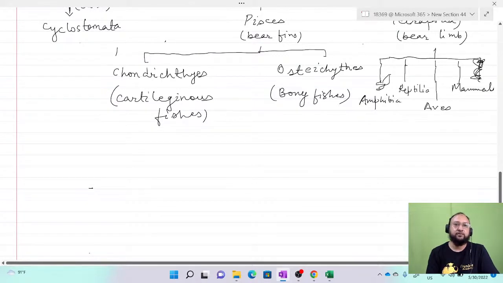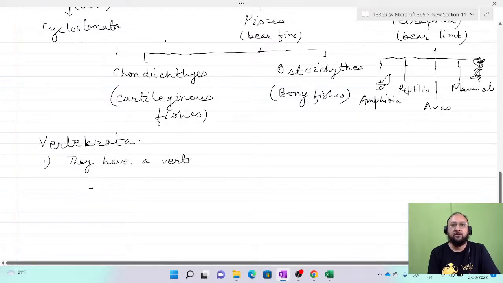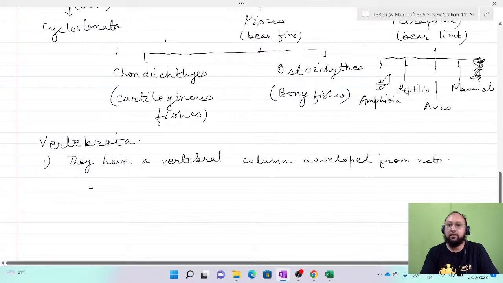Number one, the very important one, is that they have a vertebral column developed from the notochord.